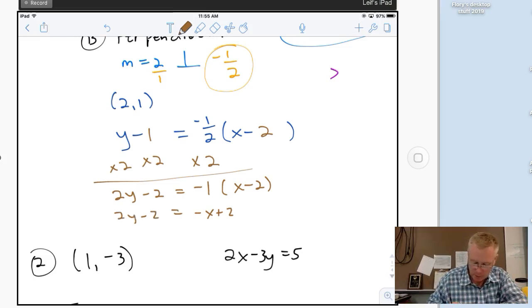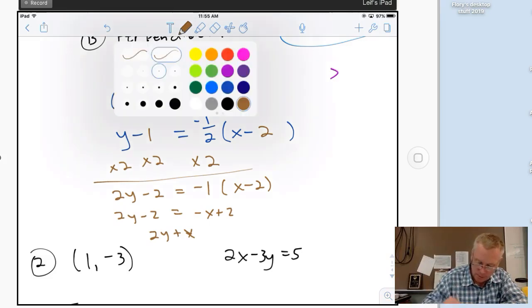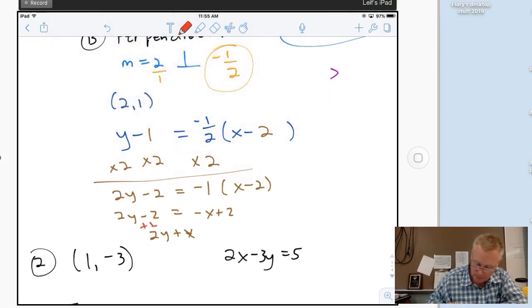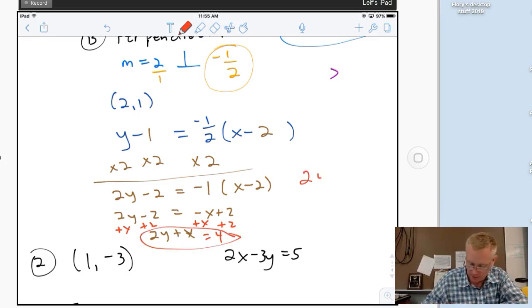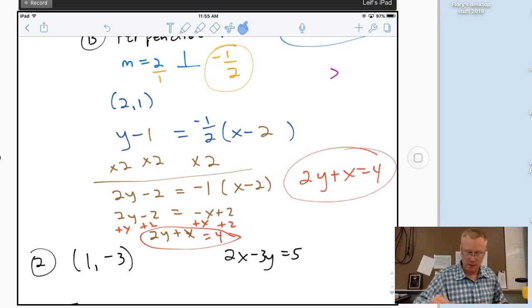And then I bring the x's to one side. If I add x, I get 2y plus x. And then I can also do this in one move. If I add 2 and I add x, then I get 4. So I got 2y plus x equals 4 when you manipulate it into standard form.